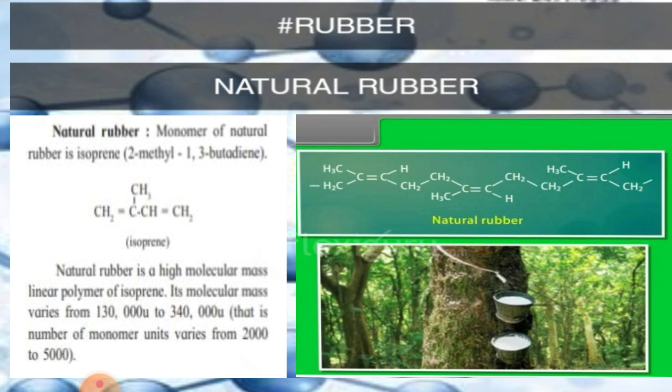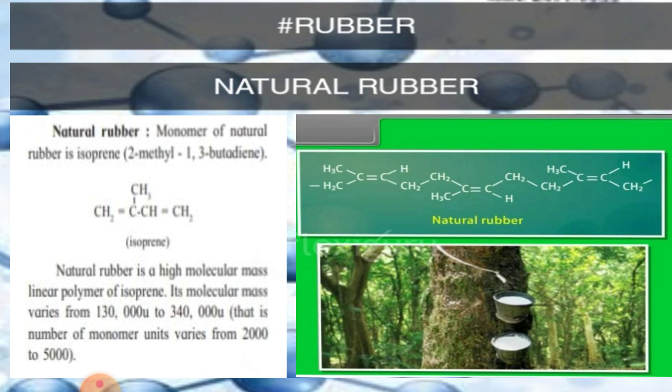So natural rubber is formed from a monomer obtained from a natural source, and that is isoprene. You see the structure of isoprene: CH2 double bond C, CH3, CH double bond CH2. This is the structure of isoprene.